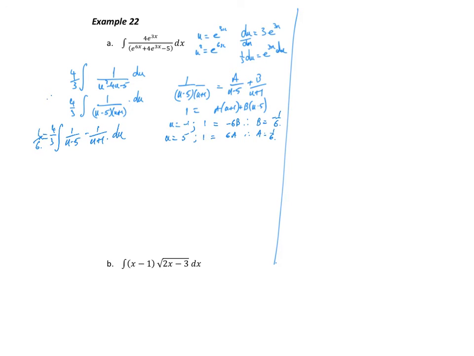So it's equal to 4/18 of the natural log of u minus 5 minus the natural log of u plus 1, which is 2/9 natural log of u minus 5 over u plus 1, which is e to the 3x minus 5 over e to the 3x plus 1, plus some constant c.